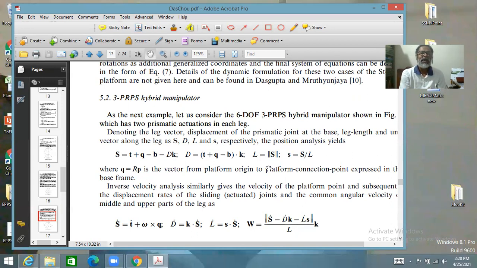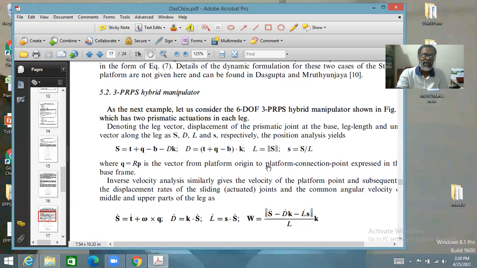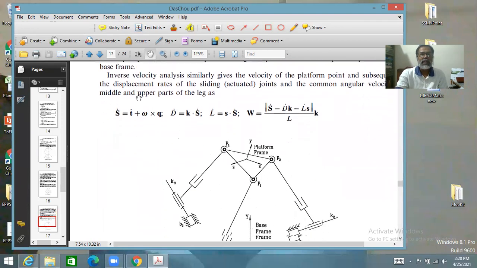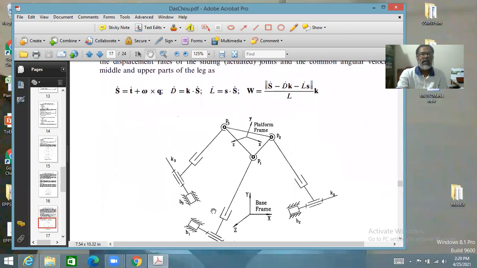So this is 3 PRPS, prismatic, revolute, prismatic, spherical. In this, this prismatic joint is actuated, this prismatic joint is actuated, this revolute joint is not actuated.